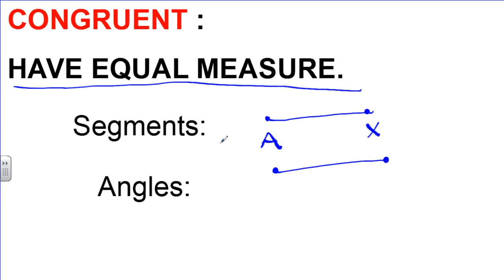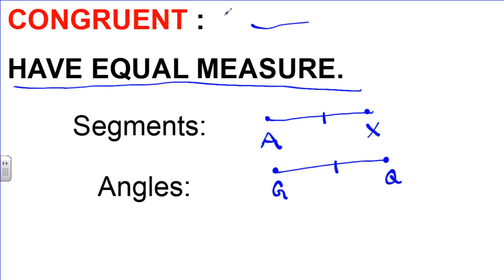There's only one dimension that could possibly be measured here, as GQ. And if they have the same measurement, they are called congruent. And congruent is kind of like equals. It has this equal sign associated with it.